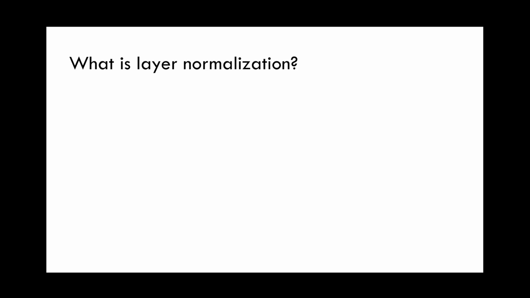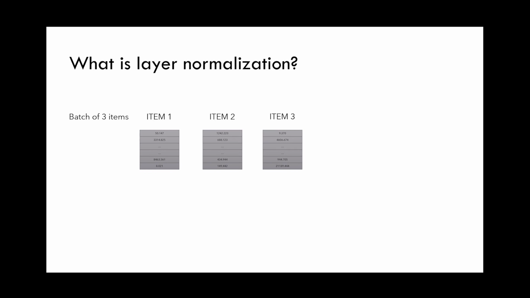Suppose we have a batch of 3 items: item 1, item 2, item 3, and let's say each is a vector of the features of that item, with a dimension of 128, so 128 features. What we do basically is calculate the average and the variance of all the values of item 1.